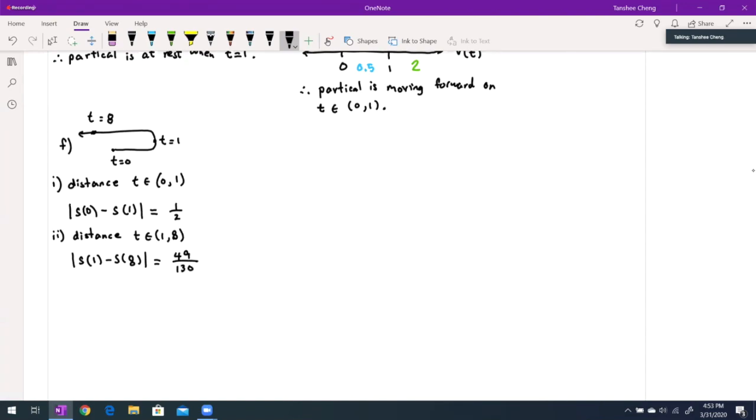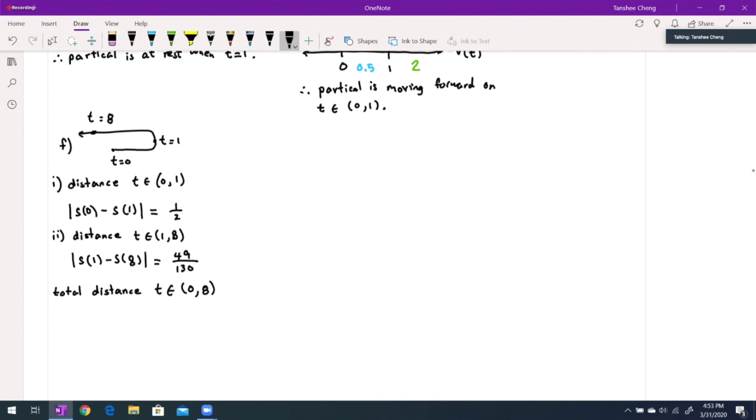So now, finally, I can talk about the total distance, which is the main thing that we want, between the time 0 seconds to 8 seconds. So that's the first 8 seconds.